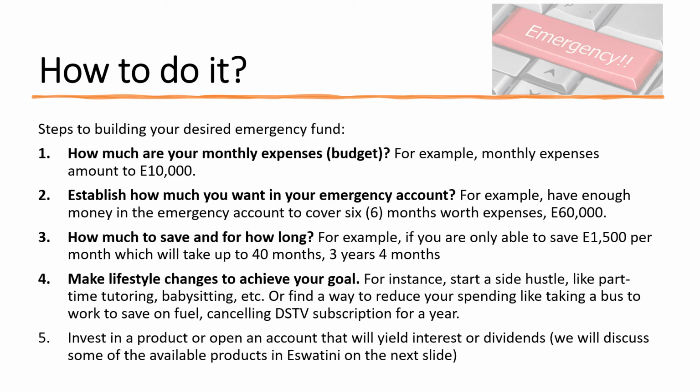You might decide to cancel your DSTV subscription for a year, or take public transport to work just to save on the fuel cost. All of these things help you to achieve the goal faster, but you have to learn the discipline to put that money aside until you reach your goal.